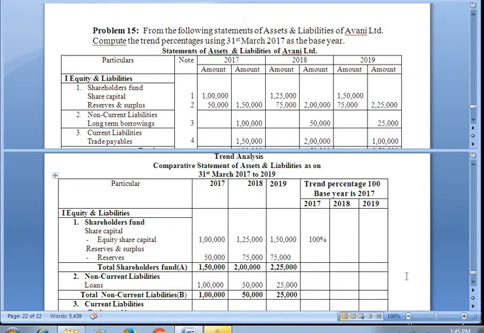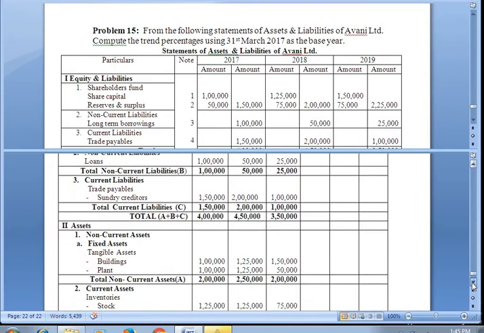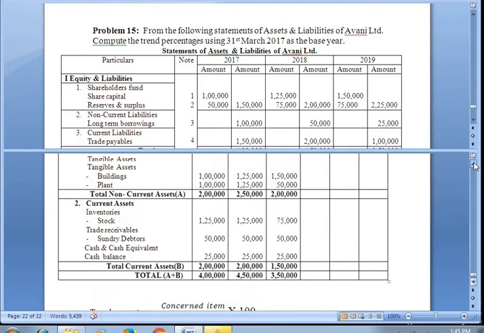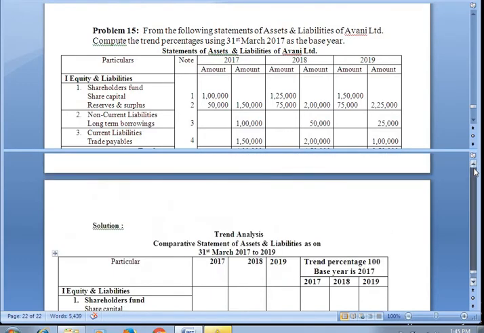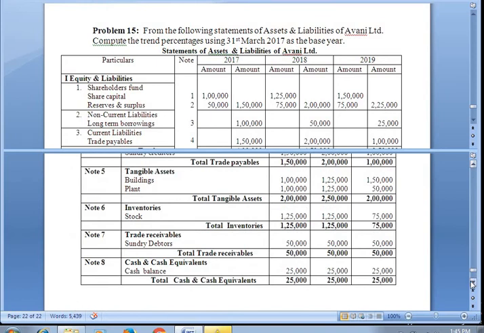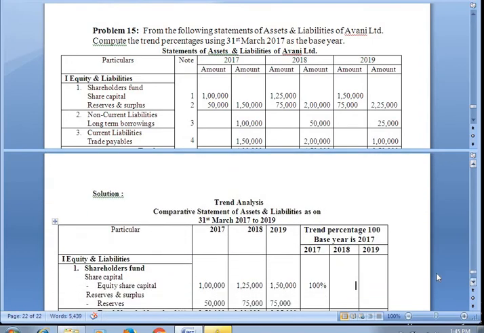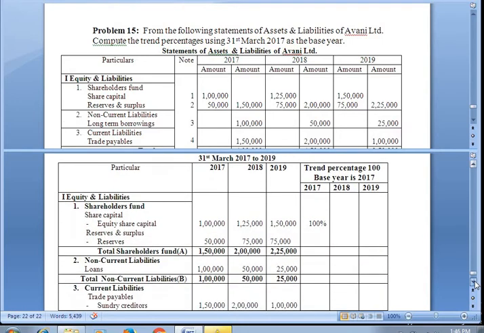And just now we have calculated the percentage of equity share capital of 2018: 1,25,000, base year is 1 lakh, into 100 is 125%. So right here, in 2018 write 125%.